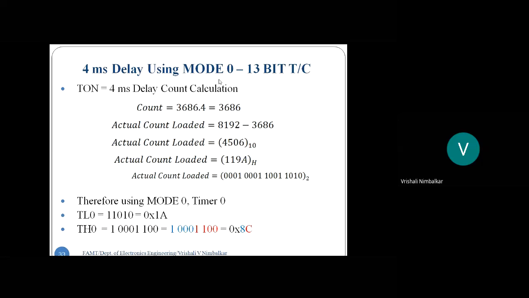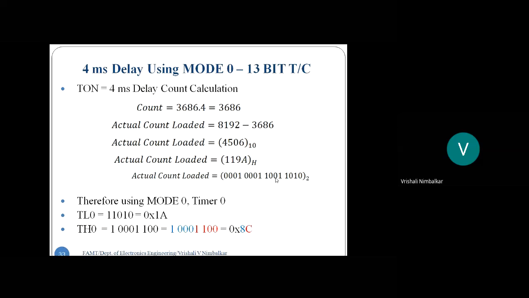Okay, so again I repeat, students. Mode 0. Depending on the formula, count is equal to F oscillator upon 12 into required frequency. What is my required frequency? 1 upon 4 milliseconds. So the count comes as 3686. Subtract 3686 from maximum count 8192. 2 raised to 13 is 8192. You will get the count in hexadecimal 119A. Write that in binary. Pick the lower 5 bits and put it in lower register.